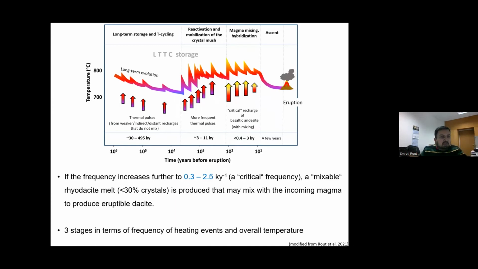So we basically identify these three stages in terms of frequency of the heating events and the overall temperature, and these three stages seem to be controlled by the frequency of the recharges or the heat pulses.